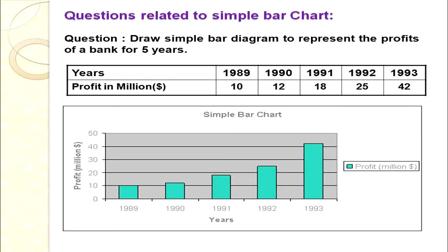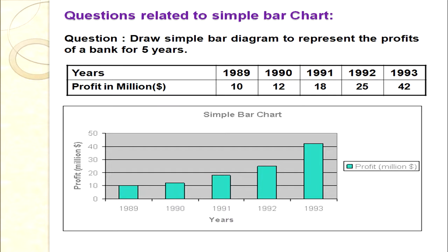Now, let us see it with the help of a question. Draw a simple bar diagram to represent the profits of a bank for 5 years. So, the very first thing, the years would be on the x-axis, and we have learned that while we are drawing the bars, the width of the bars remains the same and the distance between the bars remains the same. So, we are going to plot the years first.